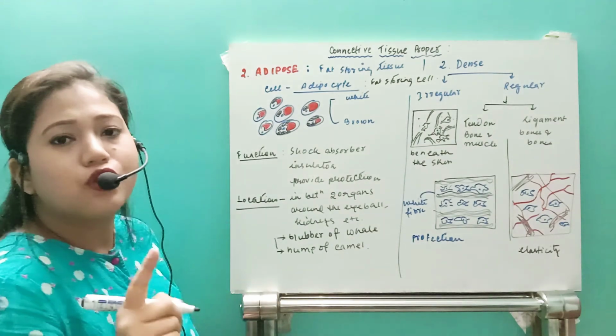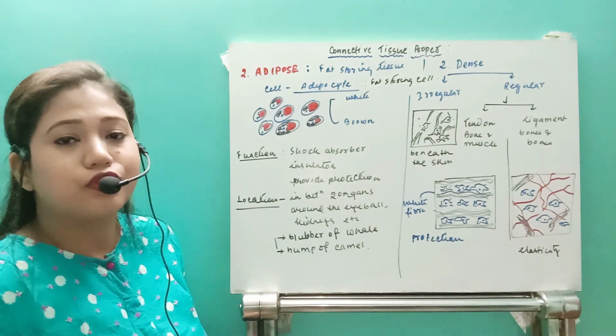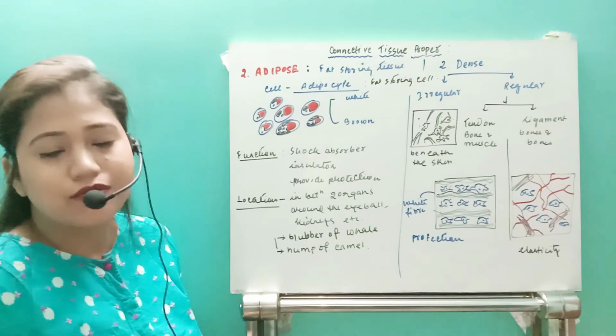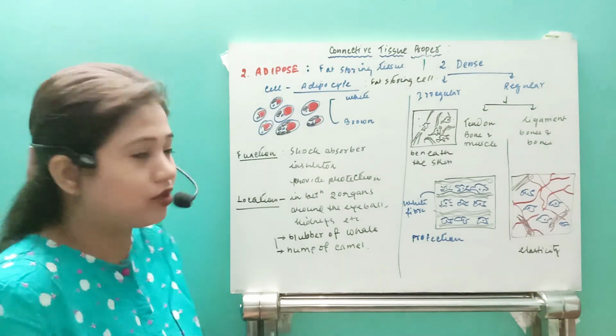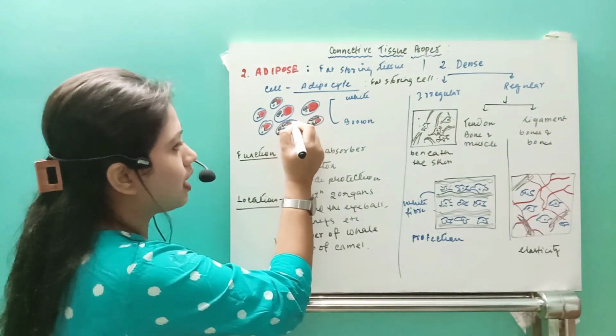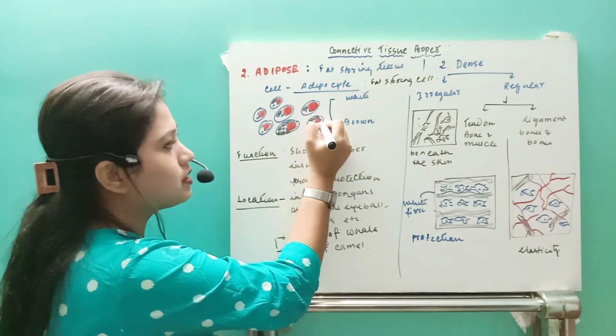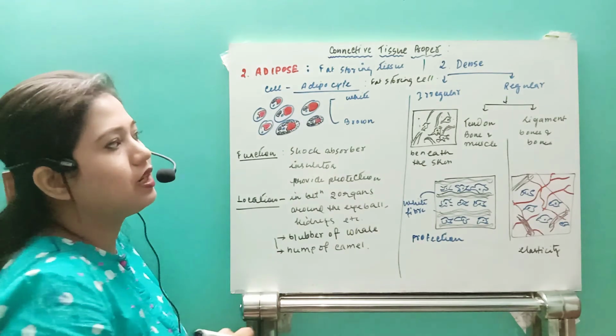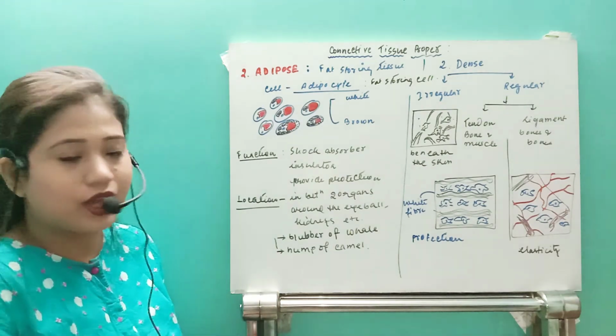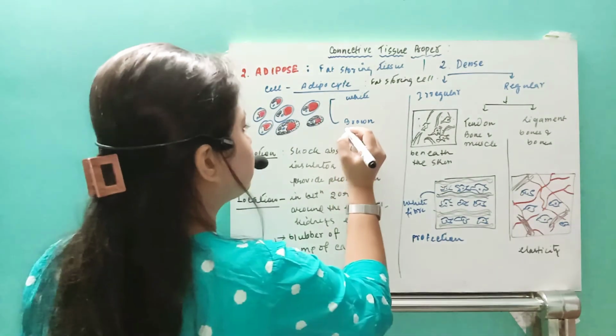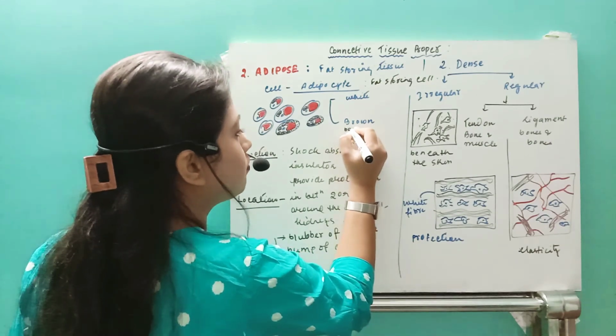Next, it is also going to have the iron containing cytochrome. One iron containing cytochrome is brown in color. So because of this iron containing cytochrome, it gives the brown color in case of the brown adipose. Okay, so this brown adipose basically will be present in case of the babies.